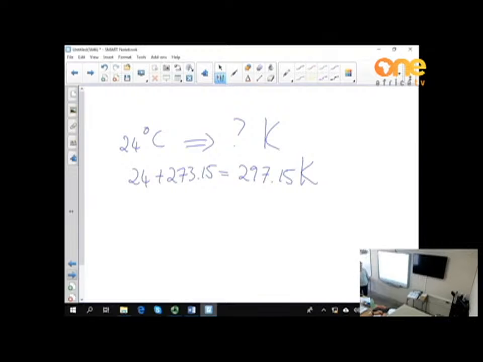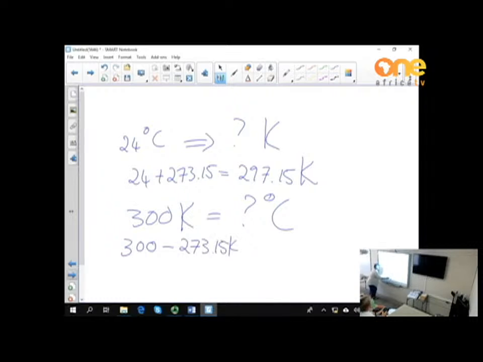If I said to you, today is a hot day, we have a temperature of 300 Kelvin, how many degrees Celsius would that be? You would take 300 minus 273.15, and that would give me, how much is that? 26.85 degrees Celsius.